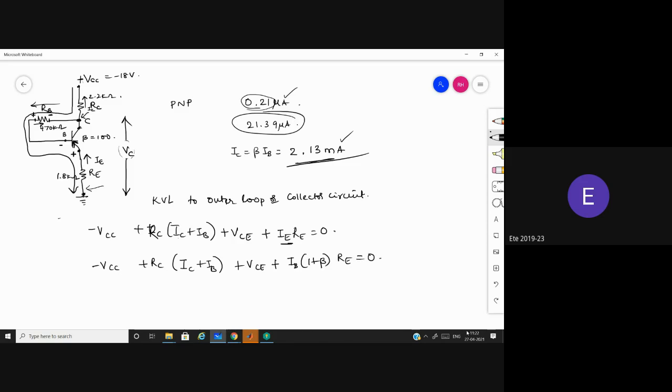So we need the equation for VCE. VCE is equal to VCC minus RC into IC plus IB minus IB into 1 plus beta RE. Now substitute all the values whatever we are having. We have RE value, RC value, IC value and IB value.